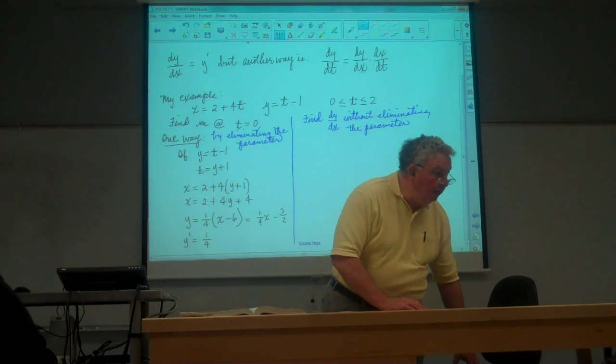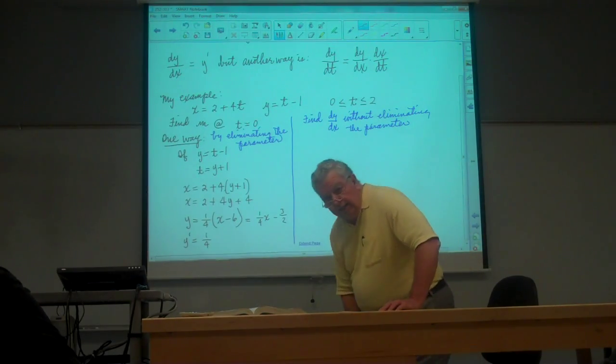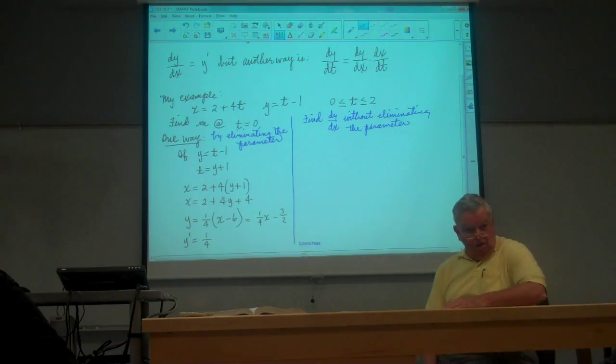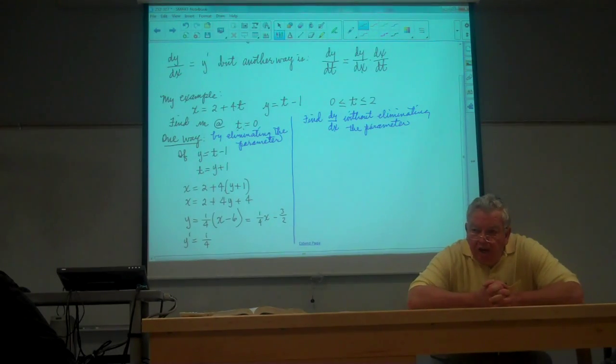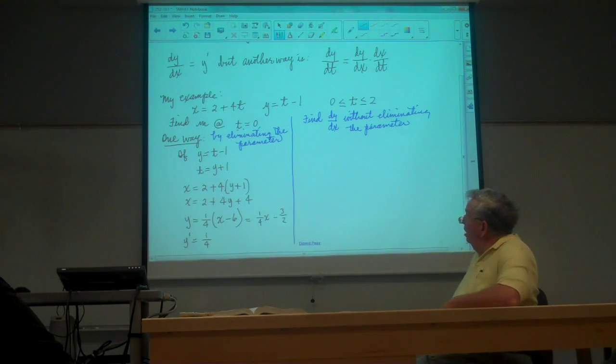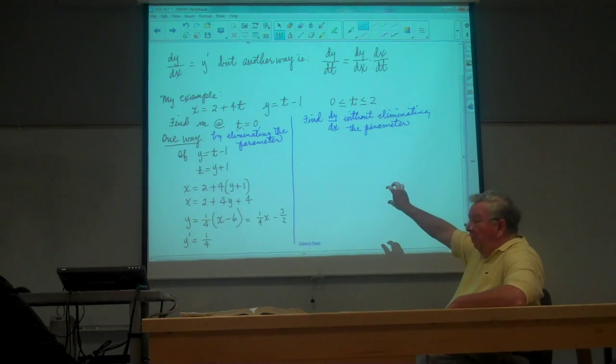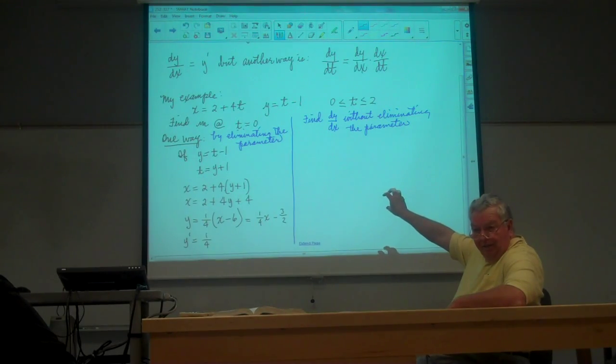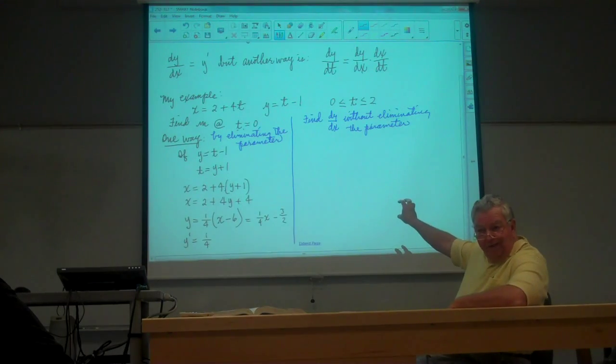Y'all quit looking at it like it's Greek. You know what that is? That's the chain rule. That's the chain rule that you learned in Cal 1. Is that right? Okay. You take the derivative of y with respect to what's inside the parentheses, and then you take the derivative of what's in the parentheses. Isn't that the chain rule? Everybody?